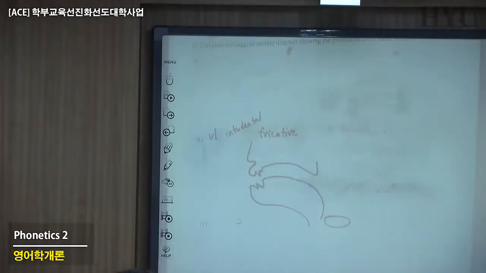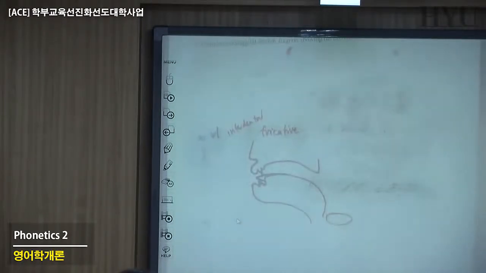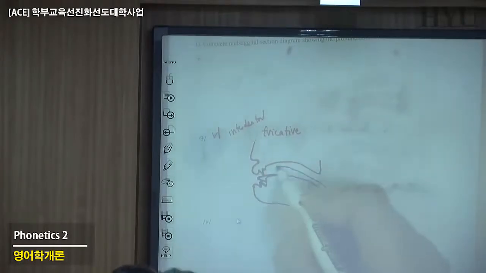So I need to make some modification. So the tongue will be between here, between the upper front teeth and the lower front teeth, right? And the vocal folds do not vibrate. So there is like a glottis there, right? So the air comes out there.